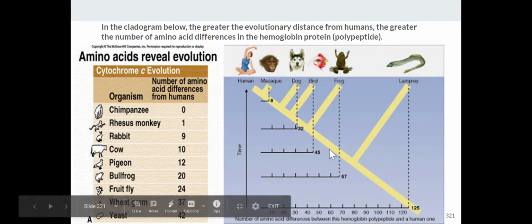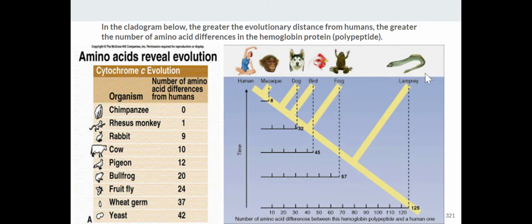But just looking at this, the common ancestor would be whatever organism is here. You could tell that humans are least related to lamprey and they're most related to apes. Right?